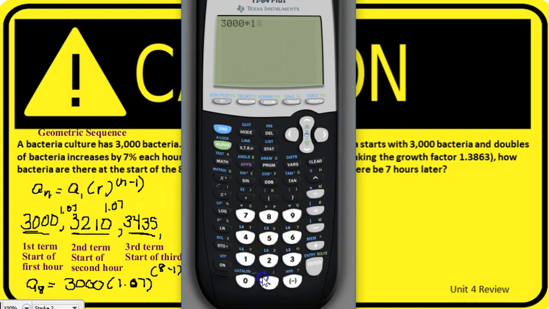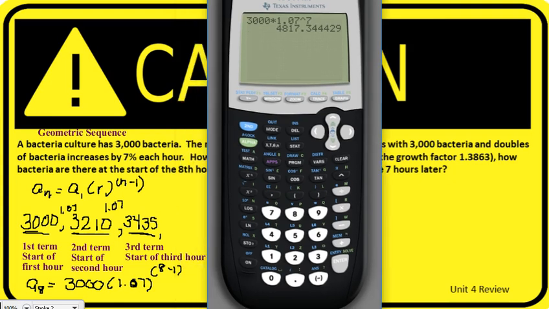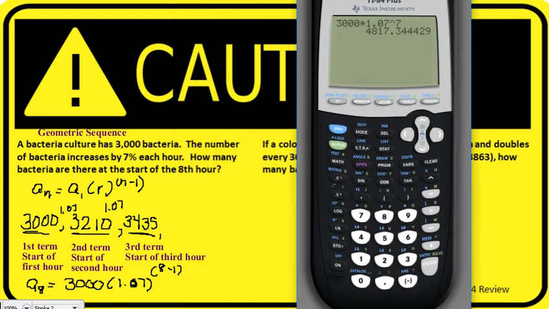times 1.07 to the, and then I can enter the 8 minus 1 in parentheses, but I'm going to do that subtraction in my head. I know that 8 minus 1 is 7 to the 7th power, and there's my answer. So if the bacteria are increasing by 7% each hour, we're talking about 4,817 bacteria.